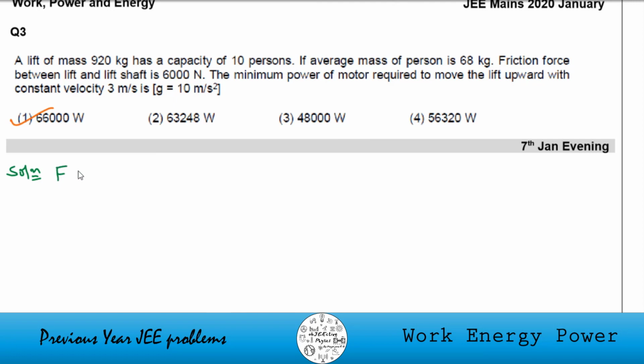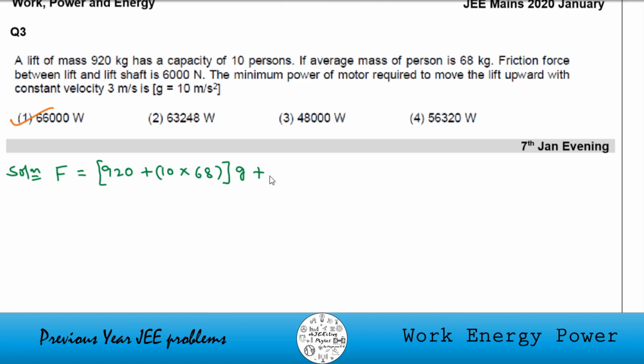So F is equal to force due to weight, that is 920 kg lift weight, plus 10 persons are there in the lift. Each person weight is 68 kg. So this is into g. This is the total weight of the lift as well as 10 persons acting in the downward direction.